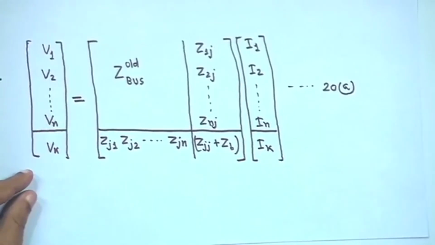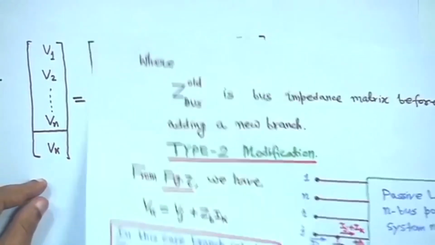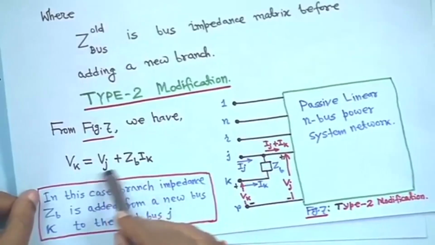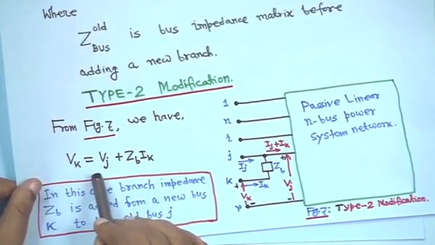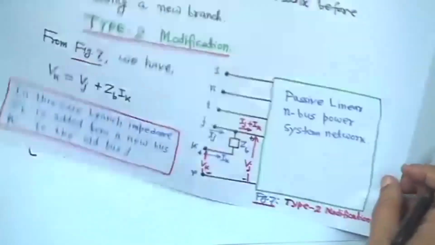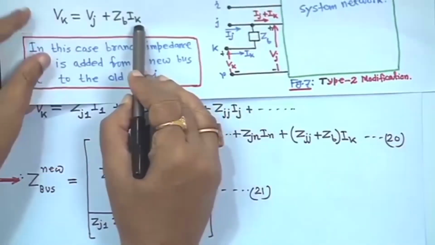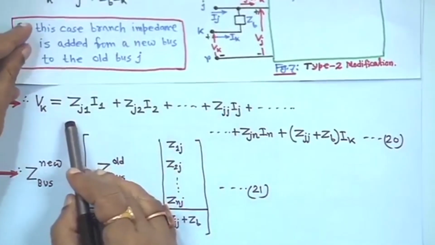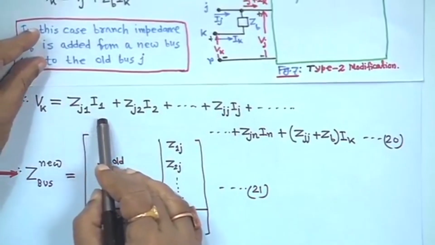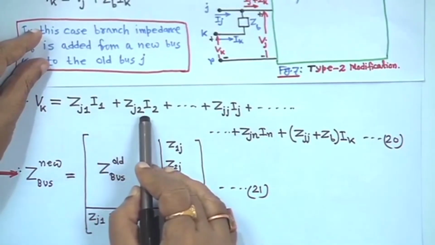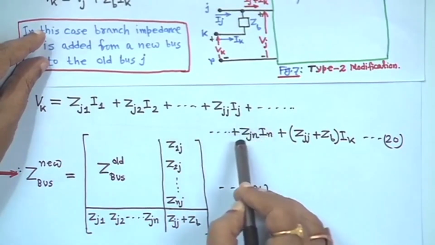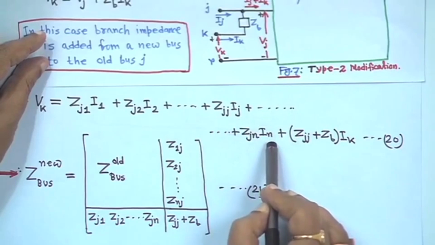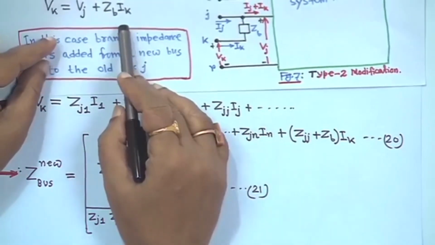So, Vk is equal to Vj plus ZB IK, that means Vk is equal to ZJ1 I1 plus ZJ2 I2 up to plus ZJJ Ij, that is Vj, plus ZJn In, now plus ZB Ik, right.